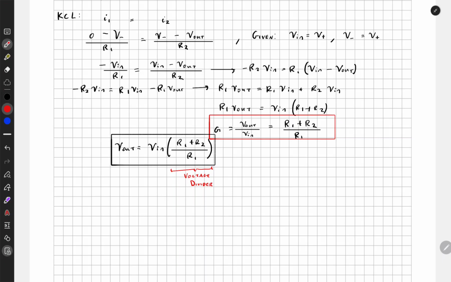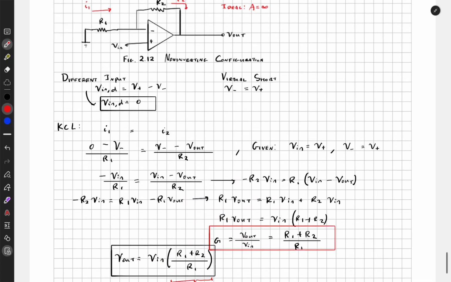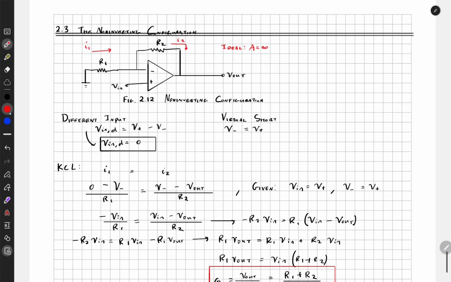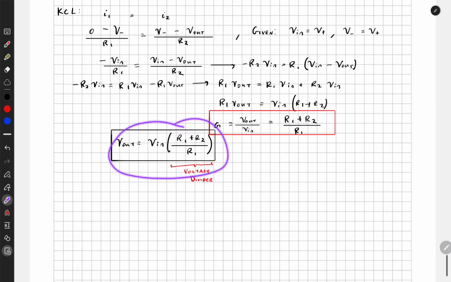The observation we make is that a portion of V out is being fed back to the input, such that this signal path resembles voltage division.